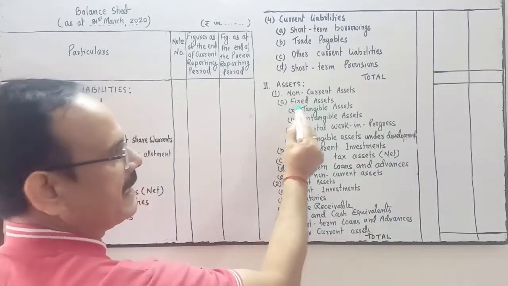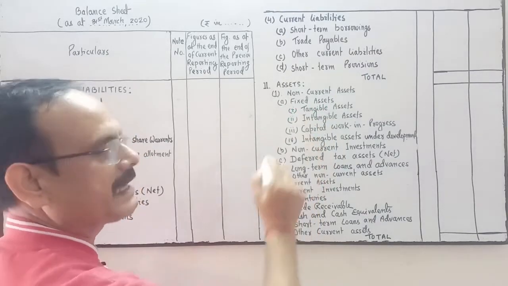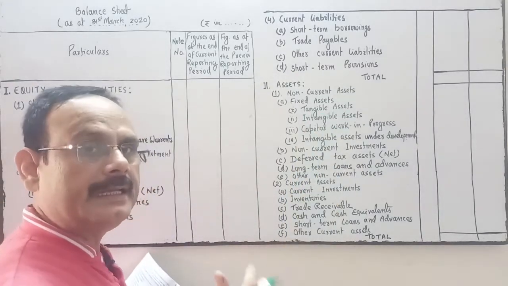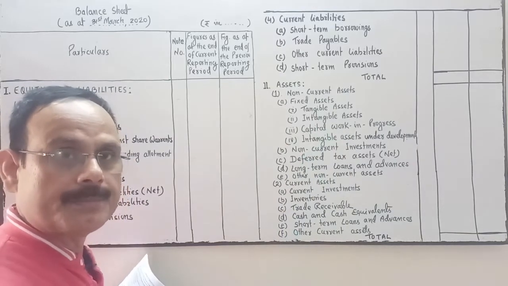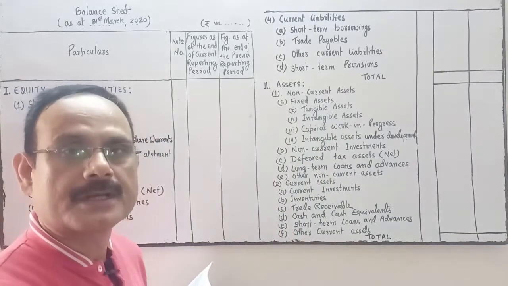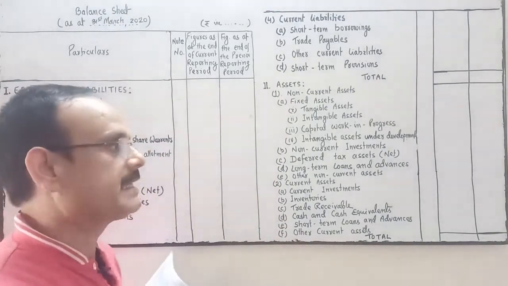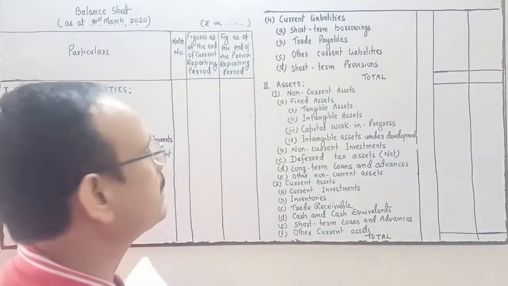Now come to the fixed assets. Under the fixed asset, there are the 4 type of assets: tangible assets, intangible assets, capital work in progress, not yet completed, suppose building under construction, and intangible assets under development.